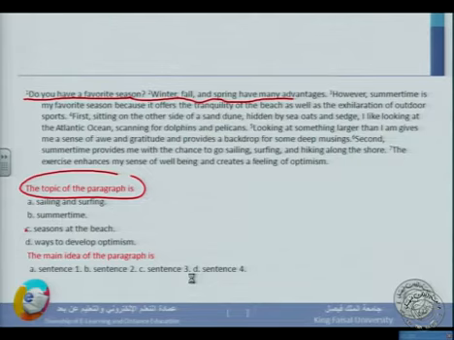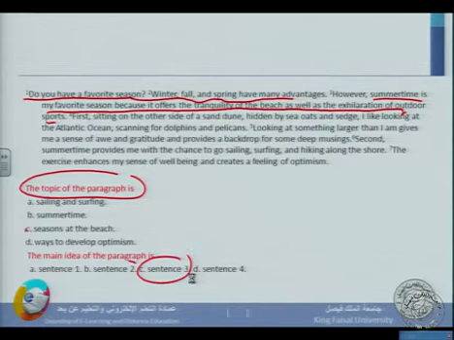The main idea of this paragraph is: summer is my favorite season because it offers the tranquility of the beach as well as the exhilaration of outdoor sports. Notice now, in the third sentence, we have the main idea. The topic in general we found in the first sentence, which was talking about the seasons, like winter, fall, spring, and summertime.